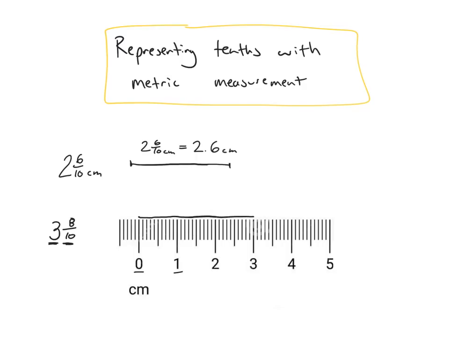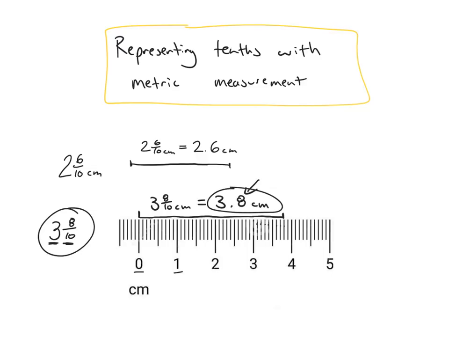And then count up to 8/10. I count my tick marks, my tenths, 1, 2, 3, 4, 5, 6, 7, 8/10. So I'm going to get to right here. And then I've created this line segment that is equal to 3 8/10 centimeters, which if we represent that as a decimal would be 3.8 centimeters. So these two are the same. We read this as 3 8/10 centimeters. That's how we can represent tenths with metric measurement, by creating line segments that are equal to mixed numbers or decimals that are larger than 1.